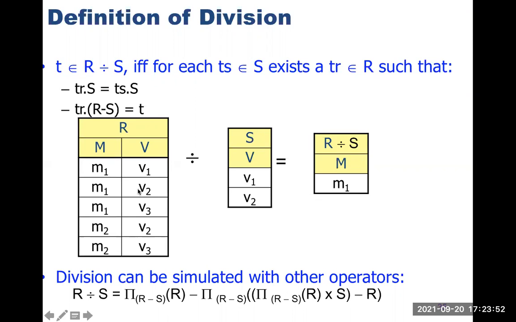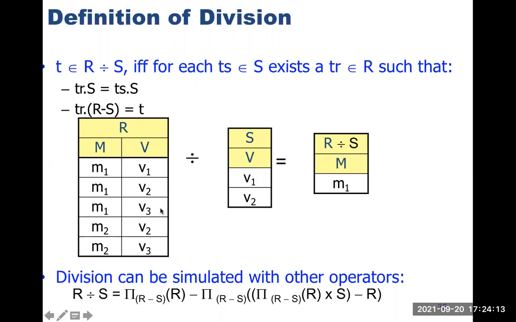So let's look here. I'm trying to divide this table on this value. Only value M1, which has records of M1 with V1 and M1 with V2, goes to the result.